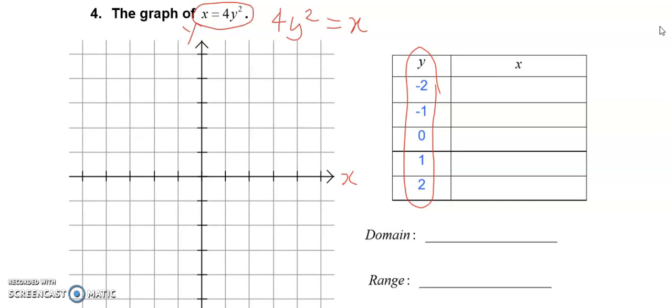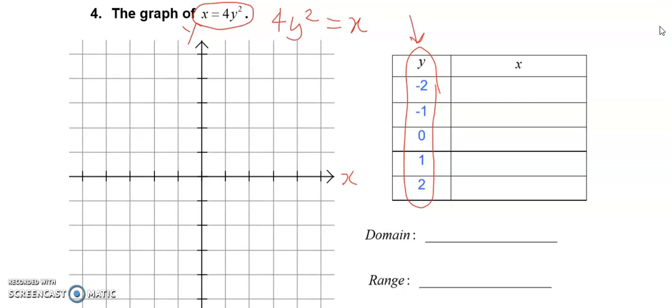You're much better putting in a number for y and then squaring it and multiplying by 4. That will give you your x value, rather than putting in a number for x, because that's going to be a fairly complicated calculation to work out the y. So let's go ahead. We'll put these values of y into the equation.